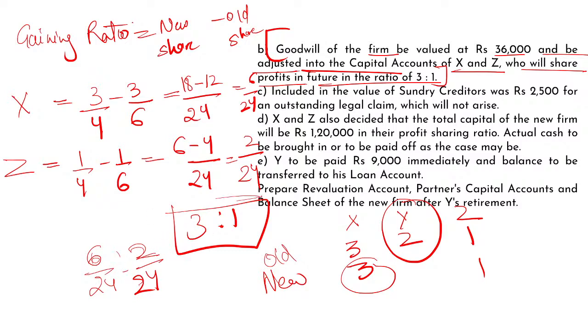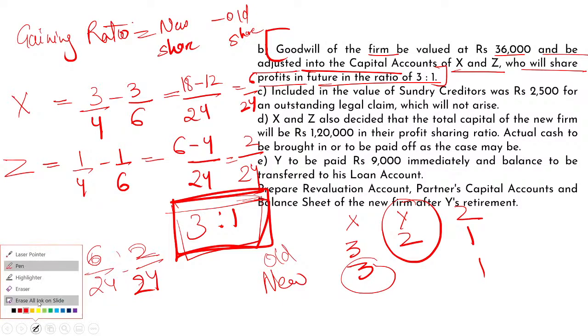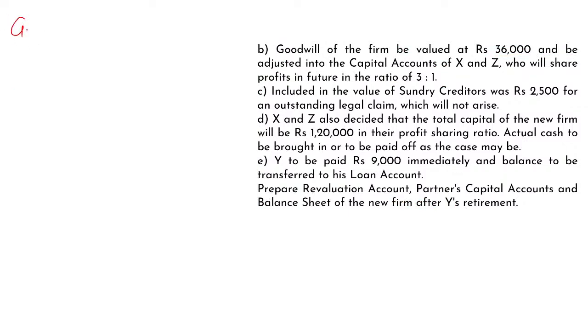You can simplify it as 3:1. This is your gaining ratio, 3:1, in which goodwill will be distributed. So now we have the gaining ratio, 3:1. So what is the journal entry for goodwill?